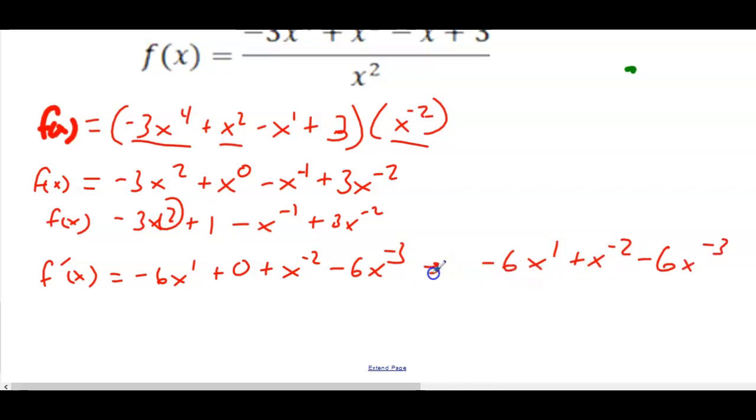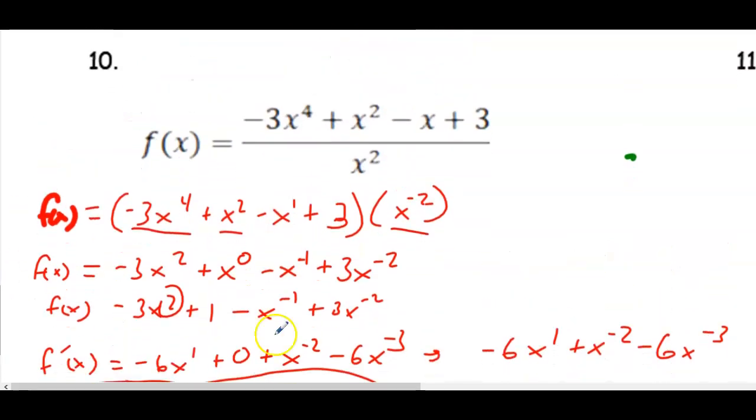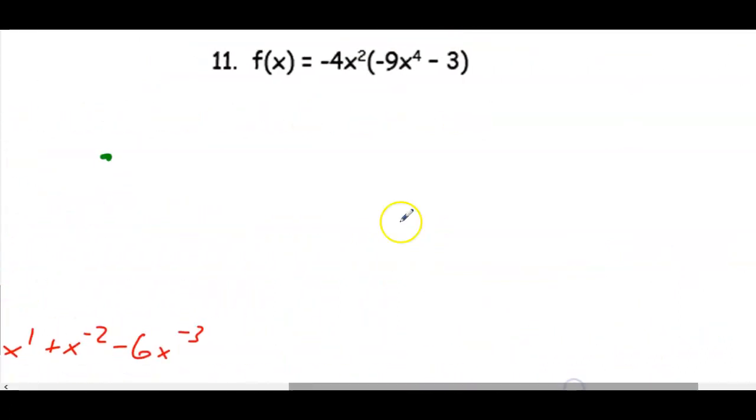So when we write these, we're going to get negative 6x plus 1 over x squared minus 6 over x cubed. And voila, there you go. That's the derivative right there of this equation. And now there's one more problem on the front side, number 11.